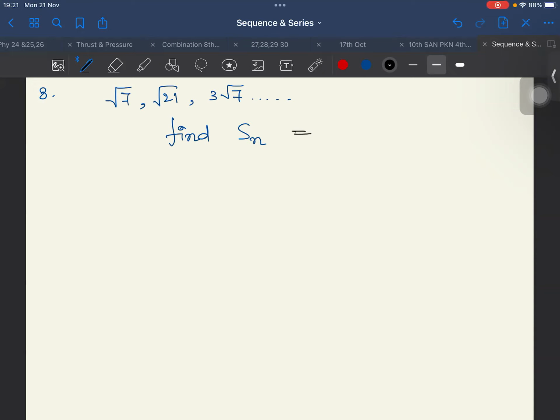Anyone from class? Sir, A into R to the power of n minus 1 divided by R minus 1. Yes, sir. Is it? Who said this? Divya. Okay. A into R to the power of n minus 1 divided by R minus 1.